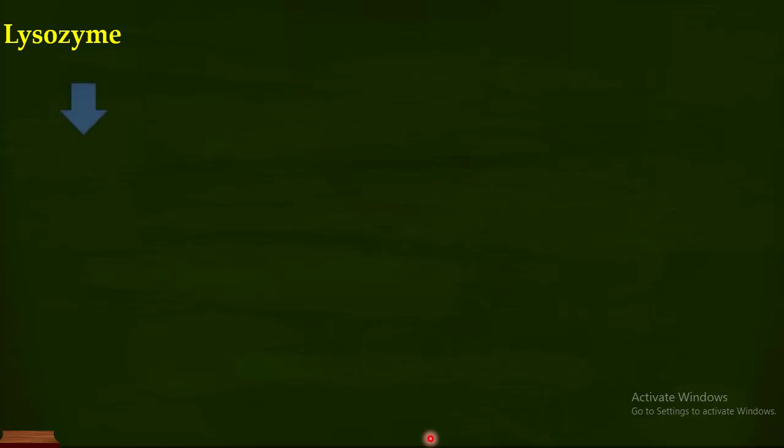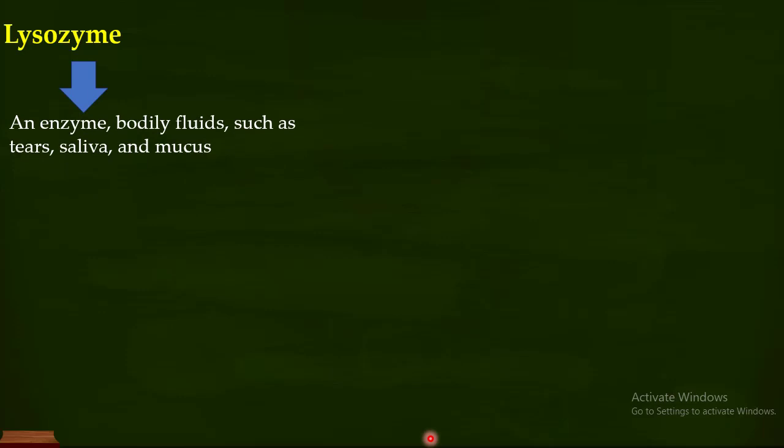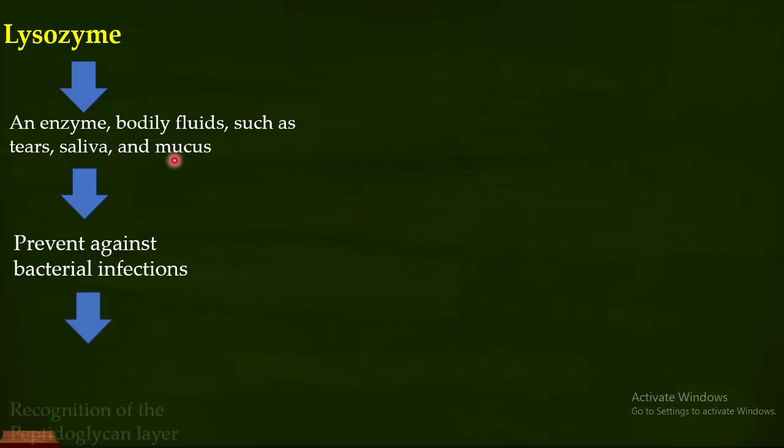Now lysozymes are enzymes present in a lot of body fluids like tears, saliva, and mucus, and of course we are discussing the neutrophils. They are also present in the secondary granules and in the primary granules of the neutrophils. These lysozymes protect against bacterial infections.